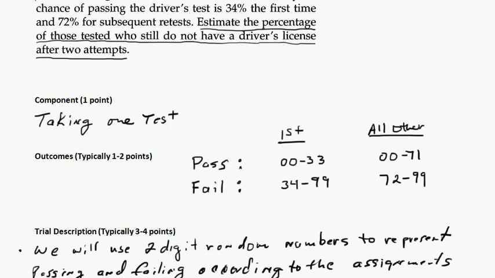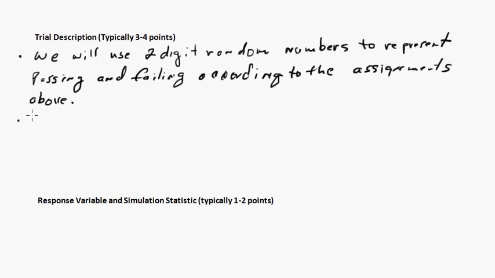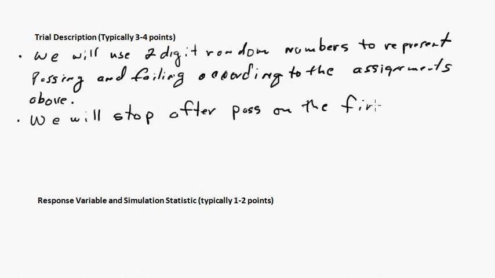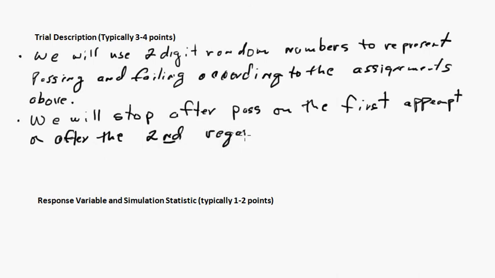So the stopping criteria might be we will stop after passing the test on the first attempt, or after the second regardless of the outcome. Because we're only going to take the test twice.